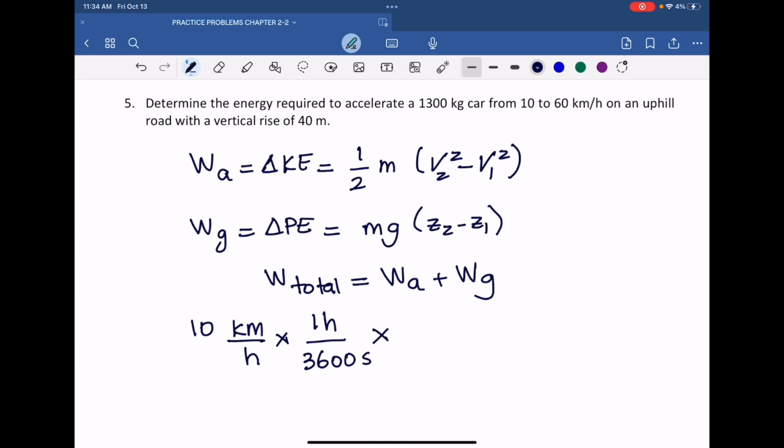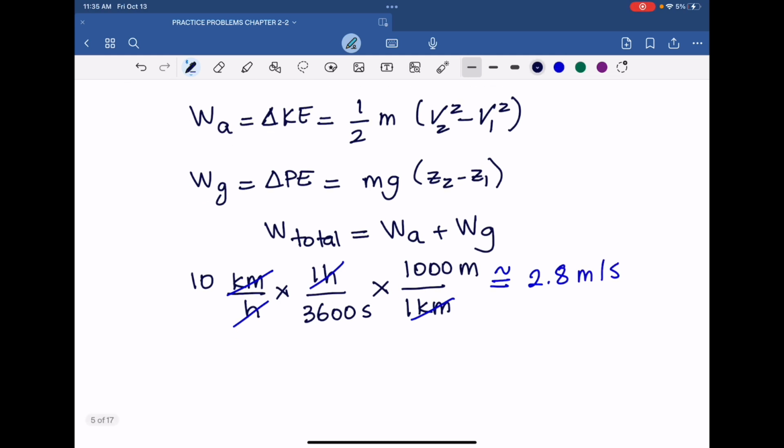So this way hours cancel. And we need to also convert this kilometer to meters, which is 1 kilometer is 1000 meters. So we end up with a unit meter per second. So if you do that, you should find approximately 2.8 meter per second.